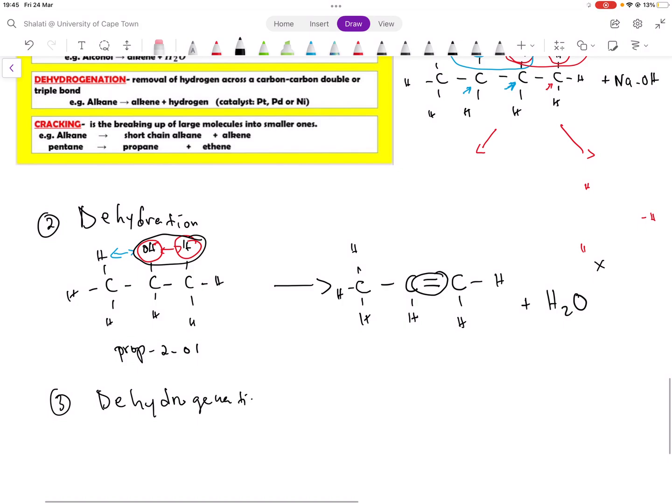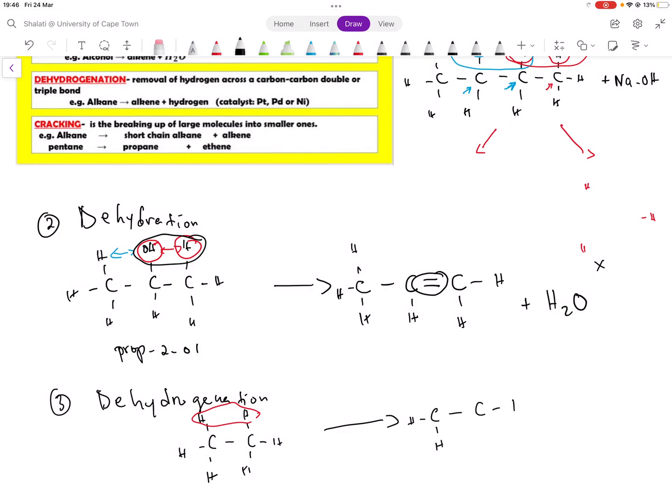Dehydrogenation. In the alkane, I can use ethane, 2 carbons, 6 hydrogens. Okay, so I must remove hydrogens from adjacent carbons. So the first one I'll be left with 2 hydrogens.